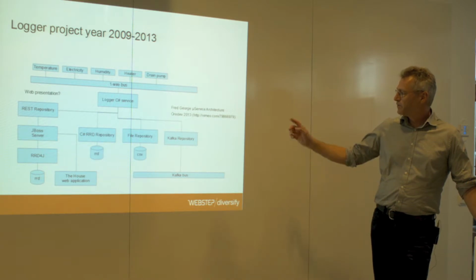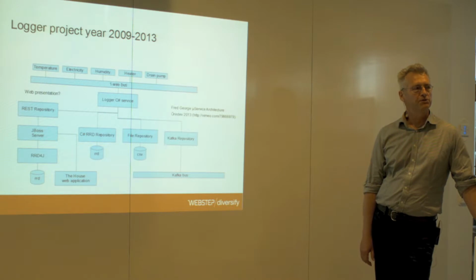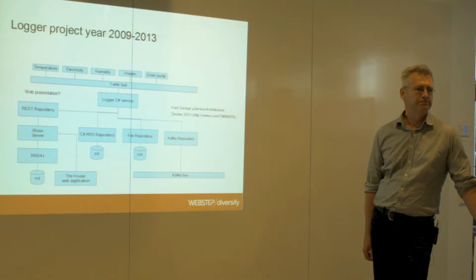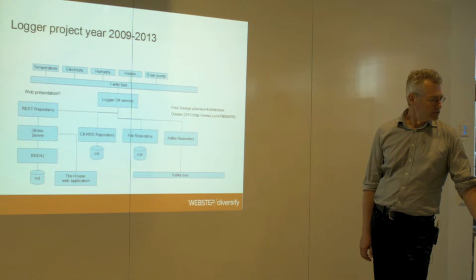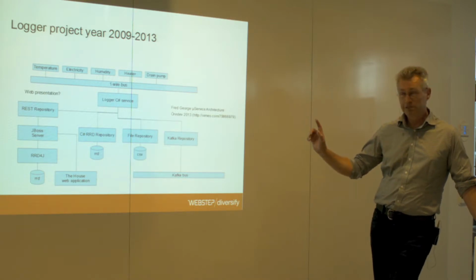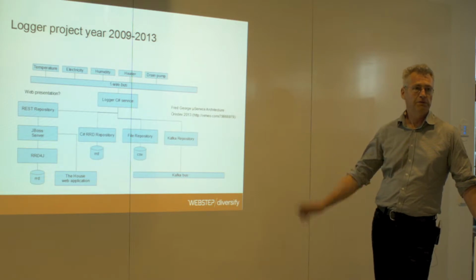So I added a Kafka repository. Kafka is the bus, one of the message buses that can be used for microservices. And Fred George's presentation was based on the Kafka bus, so I just go on that one. That was really nice. The problem was, though, that the client for the Kafka bus is written in Scala, and that is a client for Java, of course.